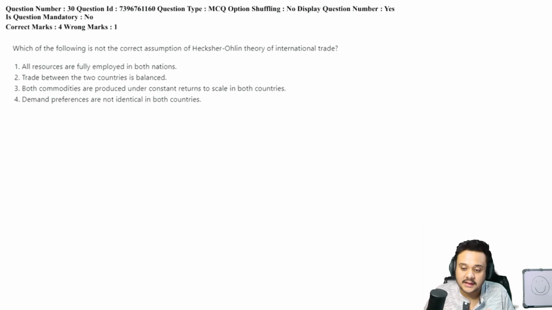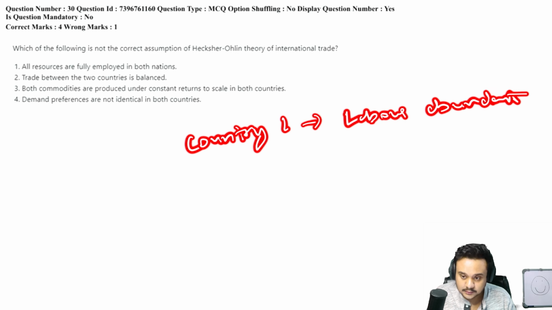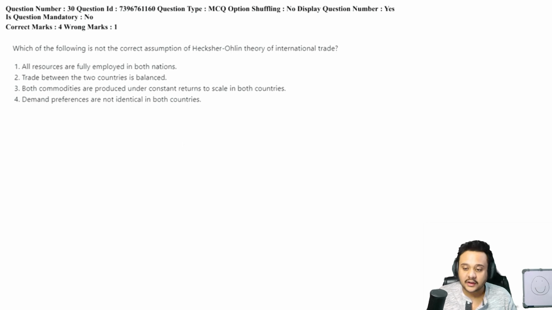While for Heckscher-Ohlin, what you are saying is that country one is labor abundant, while country 2 is capital abundant. So based on that there are going to be differences in what to produce, right? That is why if you look at the options, you will see that all resources are fully employed, absolutely.